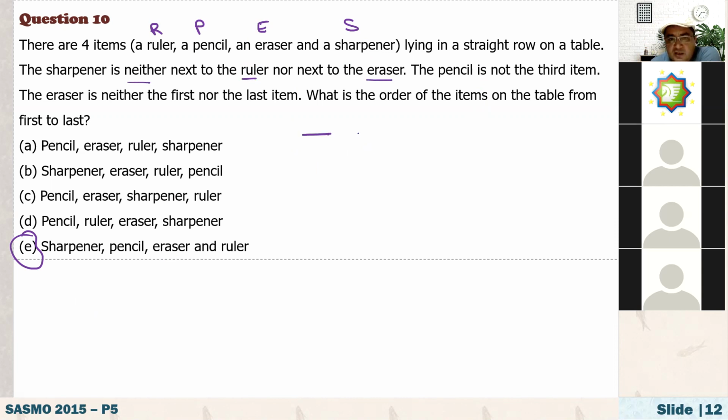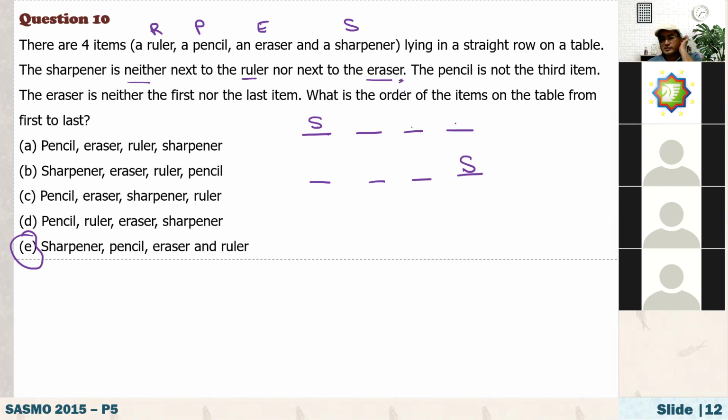So that means that if you're talking about these 4 items, for example, if the sharpener is here, the ruler must be maybe here and the eraser here. Or the ruler in the first place, that means that the sharpener cannot be the second item or the third item. For the sharpener, we have only 2 choices. Either it is here, or the second choice is it is here. It cannot be in the middle. Otherwise, it will be either next to the ruler or next to the eraser.